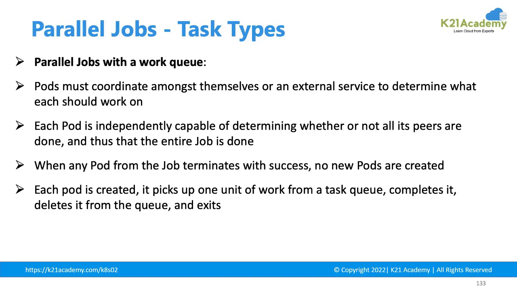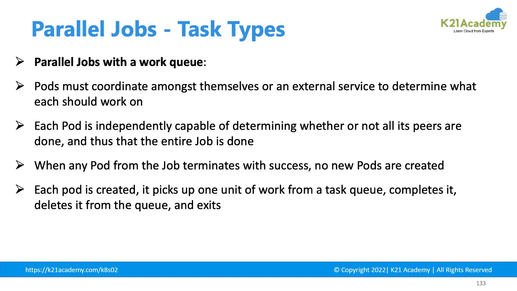Whenever we have several pods getting created in parallel to process the same queue, at that point in time, we need some coordination among the pods or from an external service, so that the queue is populated and they understand what needs to be done.